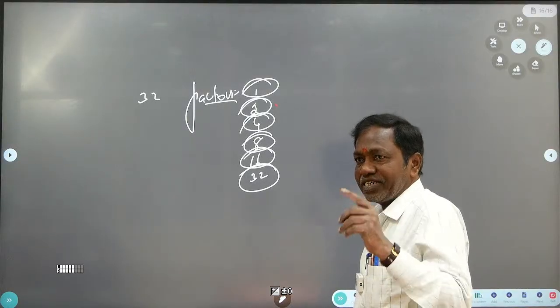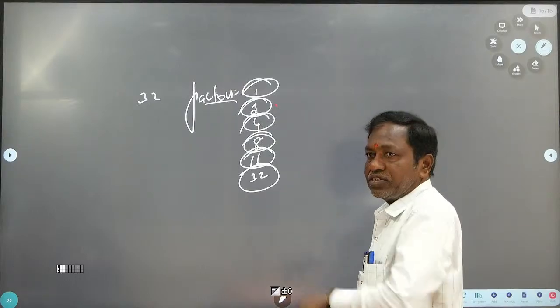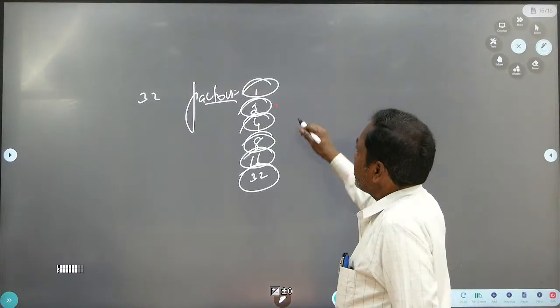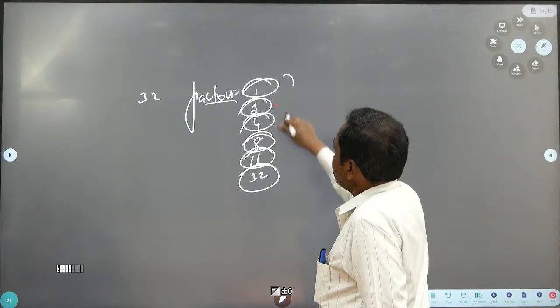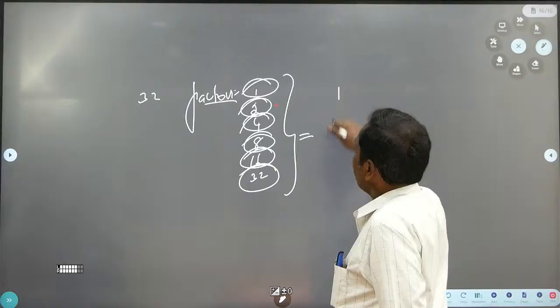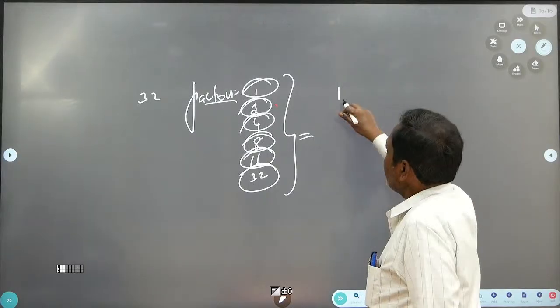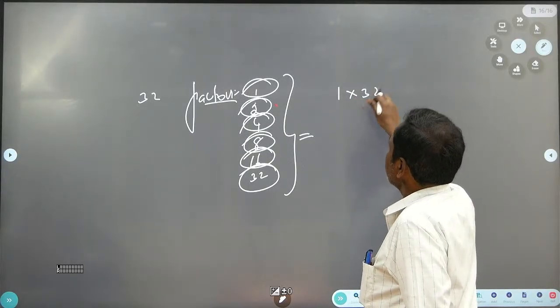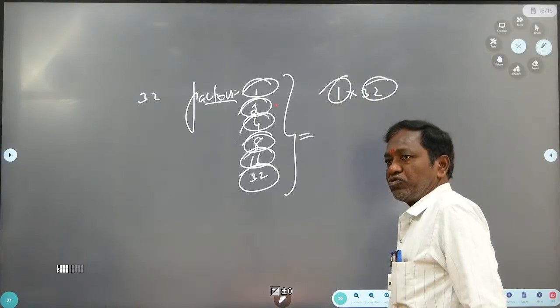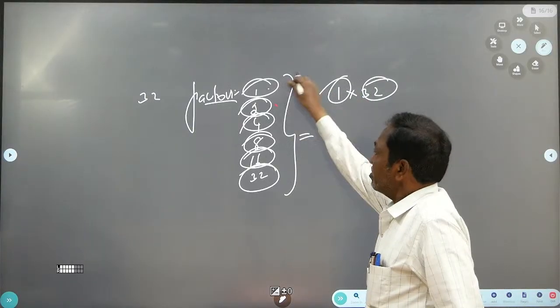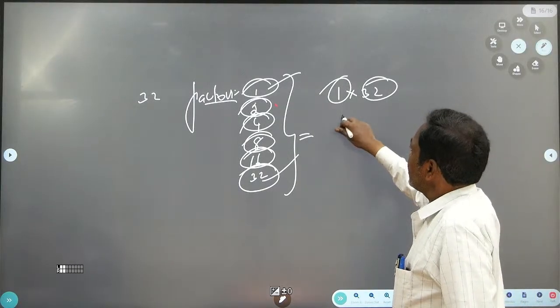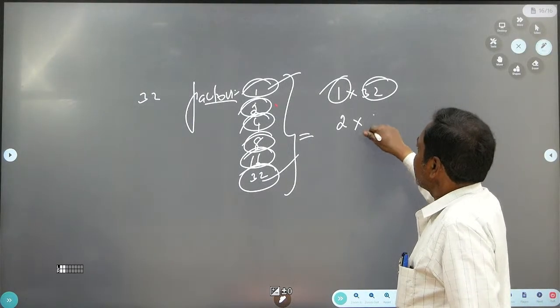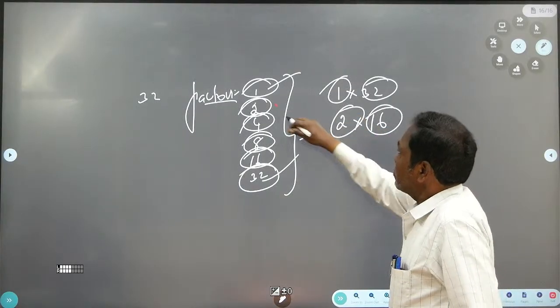Instead you have to shortlist using this structure. If you start with 1 as a factor, 1 into 32, so 1 is a factor and 32 is also a factor. Next, if you start with even number, 2 into 16, so 16 is a factor and 2 is a factor.